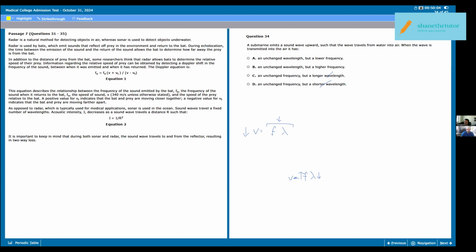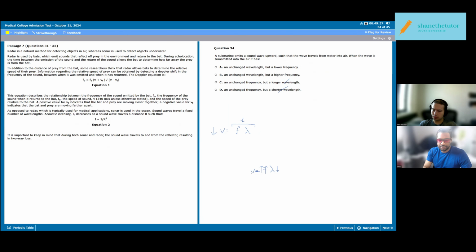You could see how, when we enter into this new medium, the wavelength clearly decreases, right? And the frequency is not changing, because its velocity is moving slower.